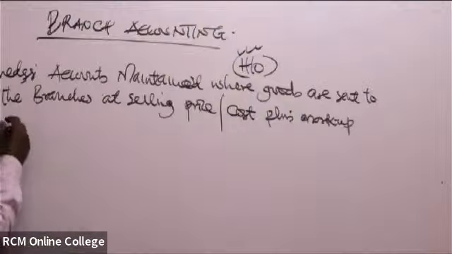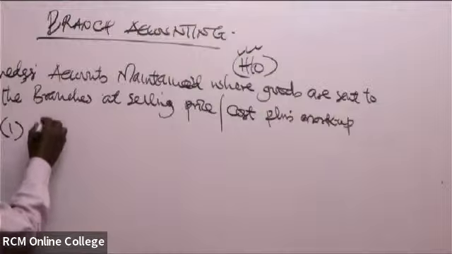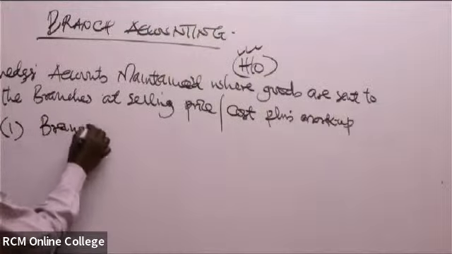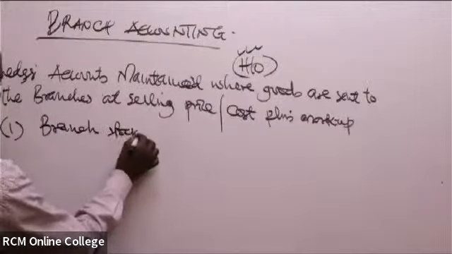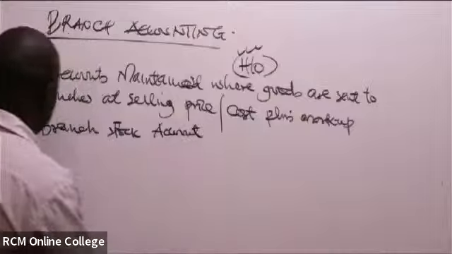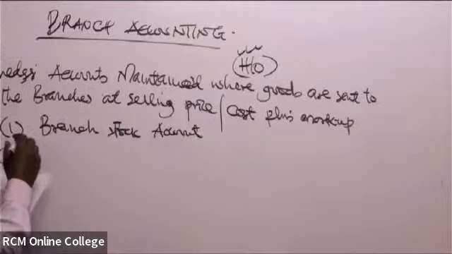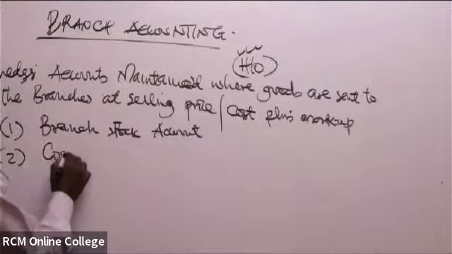In this case, these ledger accounts include, number one, you can just list them: branch stock account. Number two, another ledger account: the goods sent to branch account.